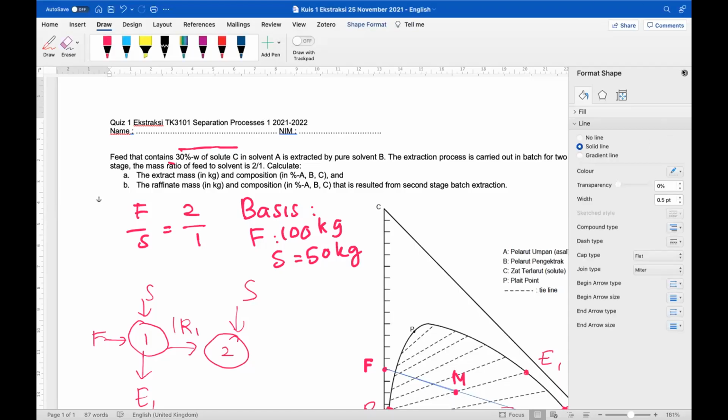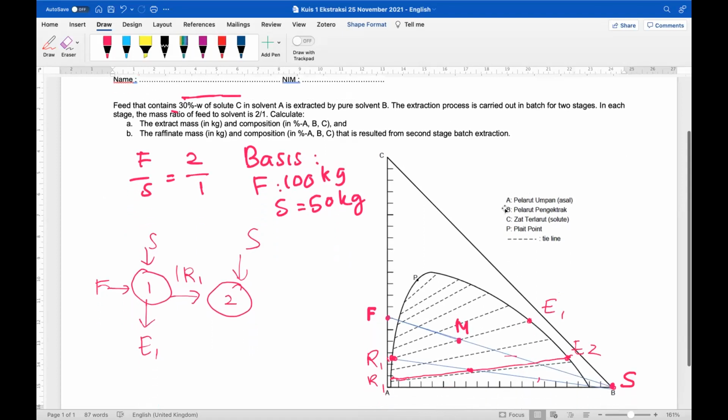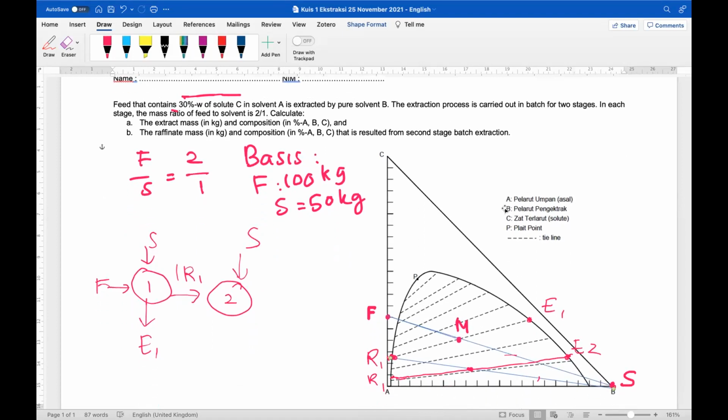Okay. Just continue again. Here you can see you can read the extract and the raffinate. Of course please use it, and then I will open the MS Teams so you can submit your work, and then I can have a quick check on your graph.